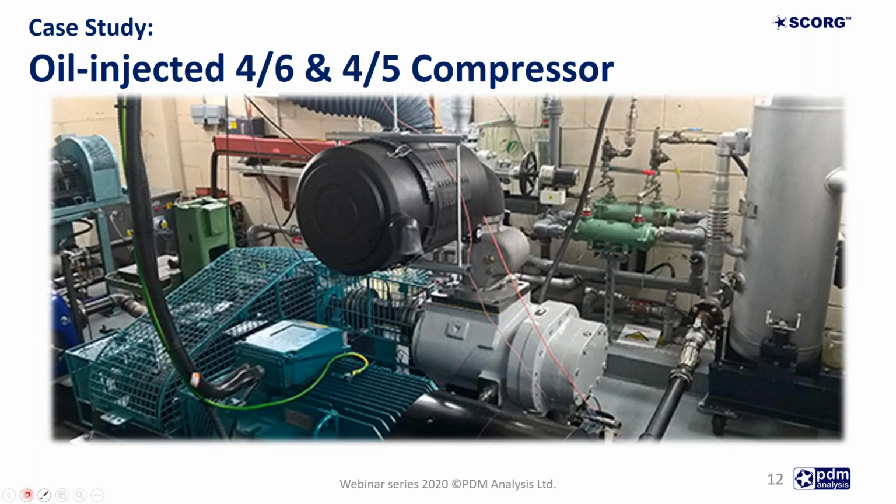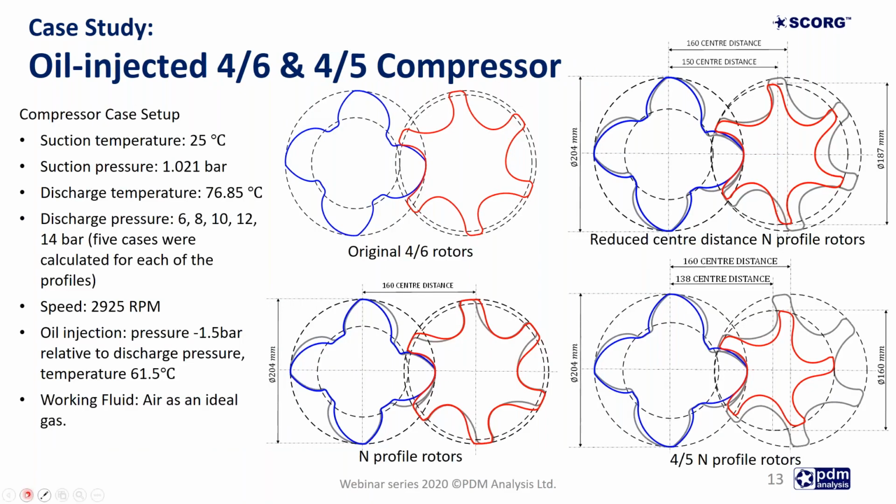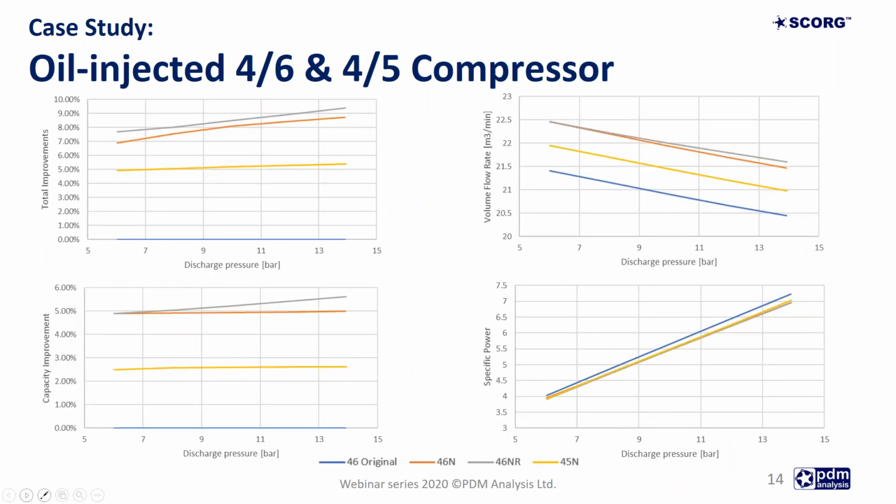This example of an oil-injected compressor shows the process of optimization of the compressor configuration for a selected duty to maximize compressor performance. The study was performed based on an existing compressor with 4-6 configuration of rotor lobes, retrofitting it with a rotor of N profile, which has the same diameter and center distance as the original rotor, rotors with reduced center distance, and lastly with 4-5 lobe configuration using N rotor profile.